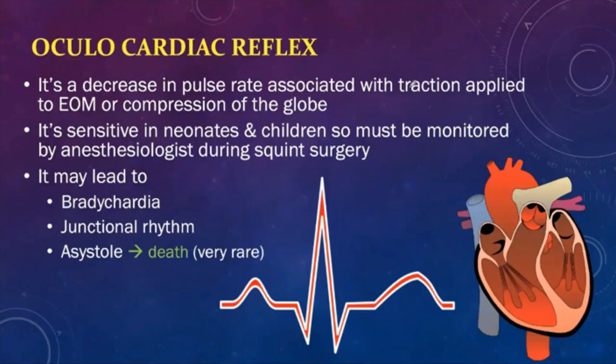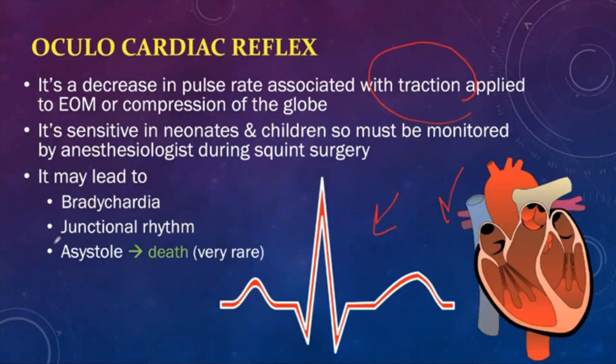So what is the stimulus of this reflex, and what is the response? This reflex means that there is a decrease in the pulse rate, or bradycardia, in response to traction of extraocular muscles or the globe. The importance of this reflex is that it is very sensitive in neonates and children.